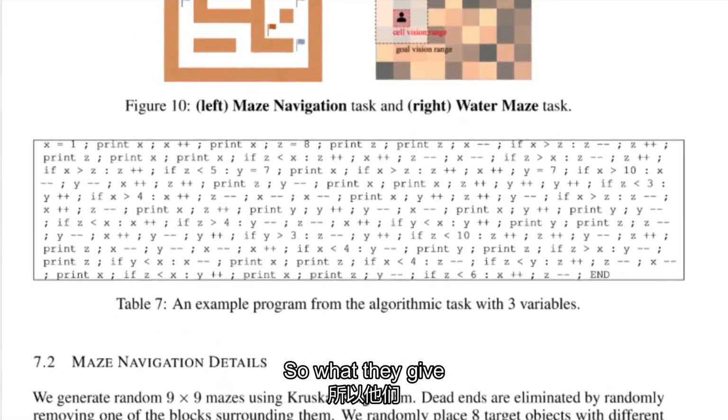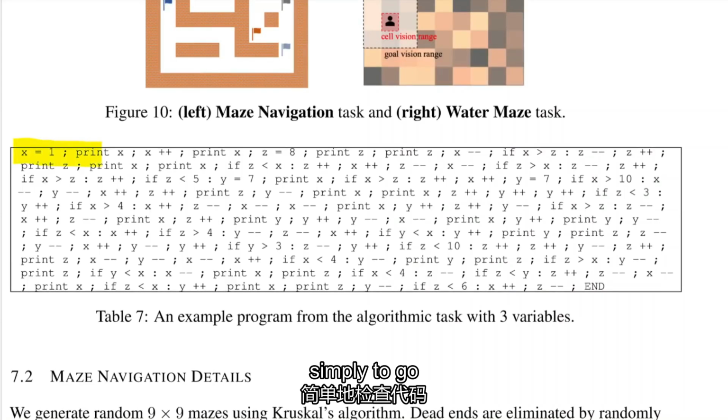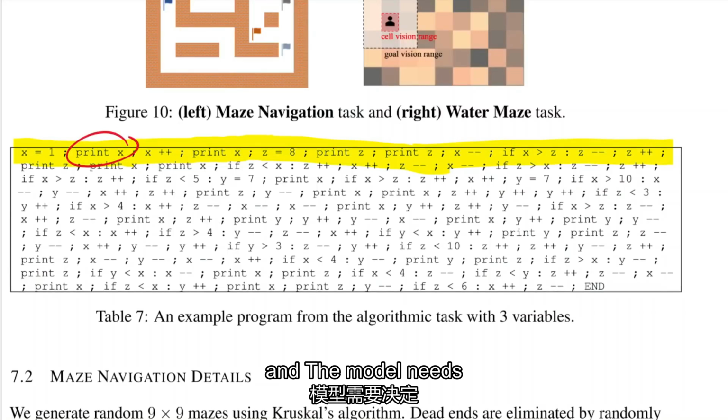What they give the model to do is this piece of text right here, and the model is simply to go over this code and decide what the output is. You can see right here, it has print statements, and the model needs to decide what the output of the entire program is.